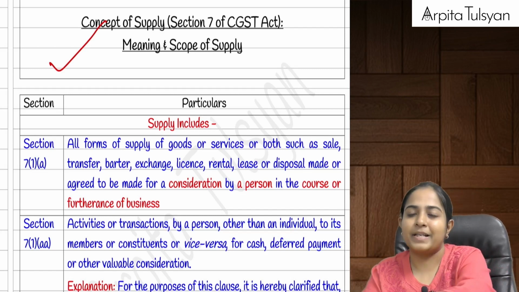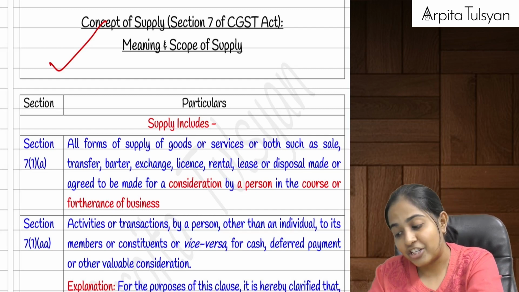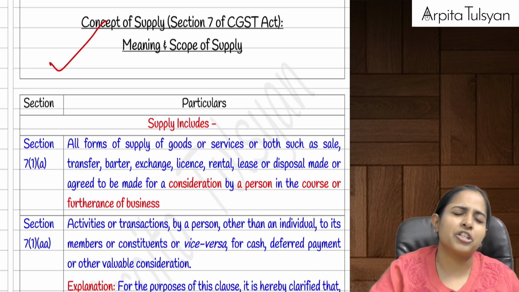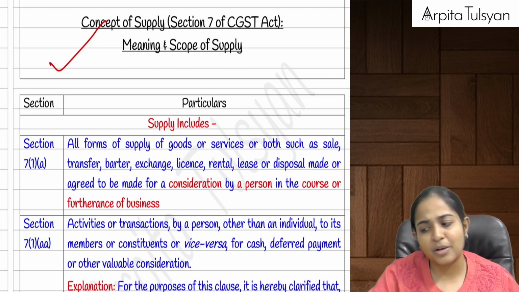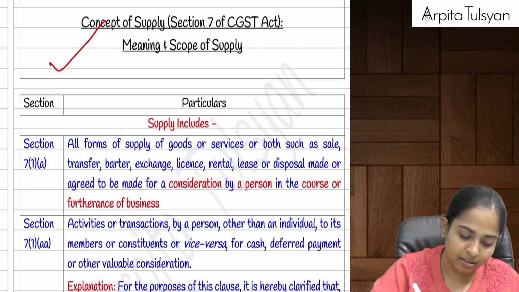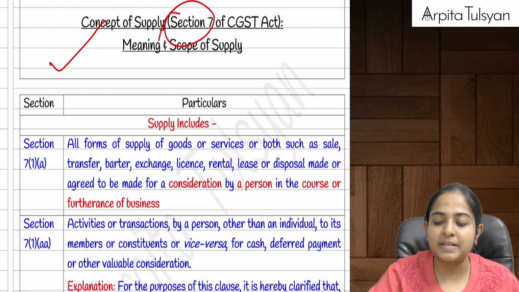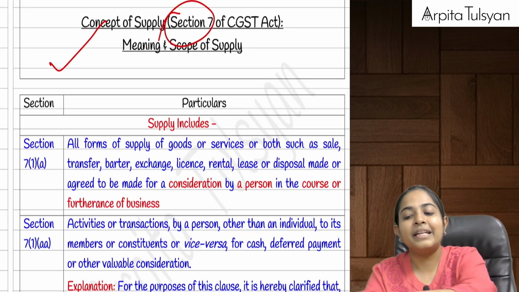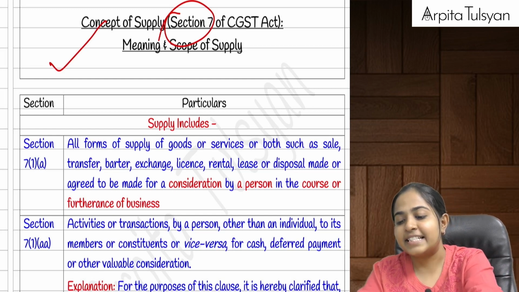Specifically section 7.1, 7.1a, 7.2 and 7.3 are super important. Section 7 is the most important section, and whenever I refer to section 7 in this chapter, it refers to the CGST Act.